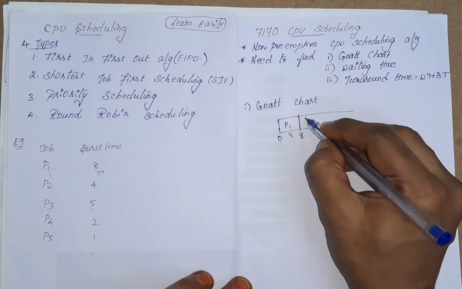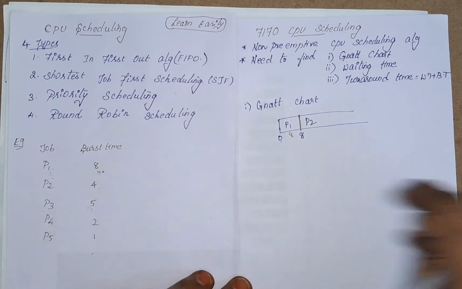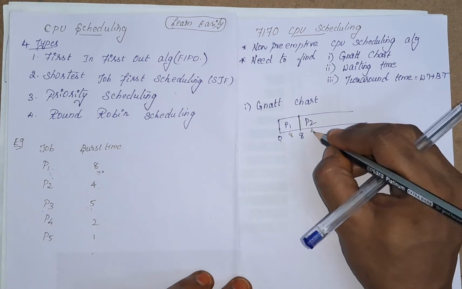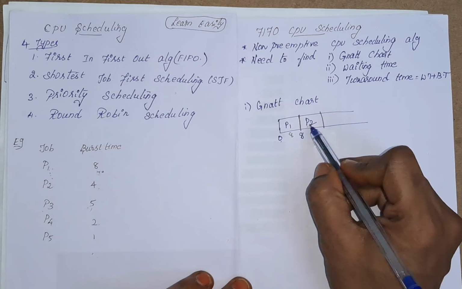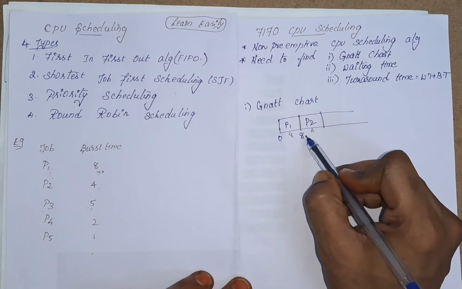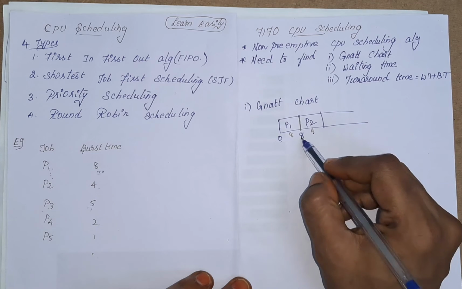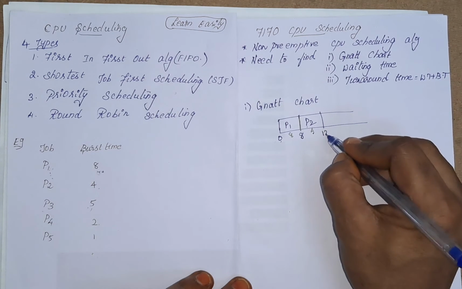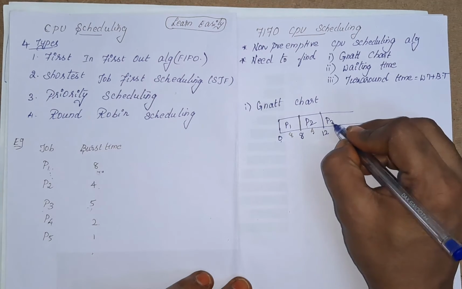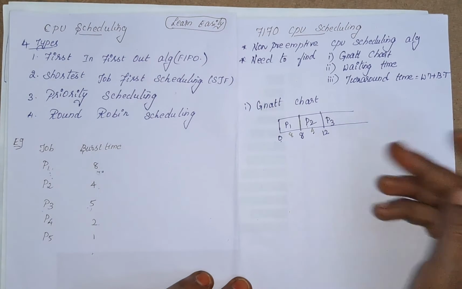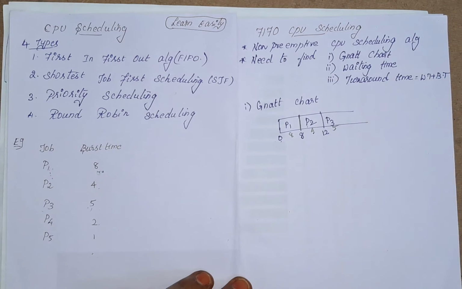Next, process P2 is taken and its burst time is 4. So P2 starts at 8 seconds and takes 4 seconds to complete entirely. After 8 plus 4, that is 12, P2 completes. Next one is P3, with burst time 5.